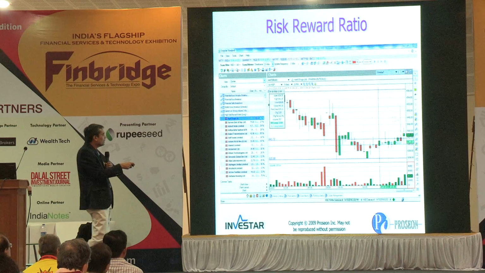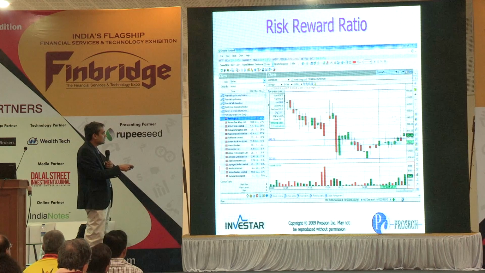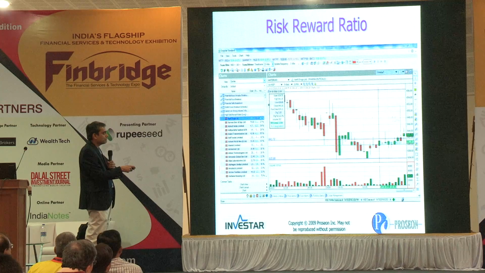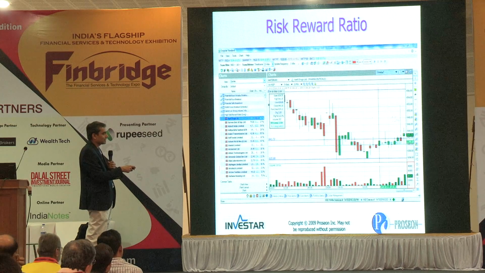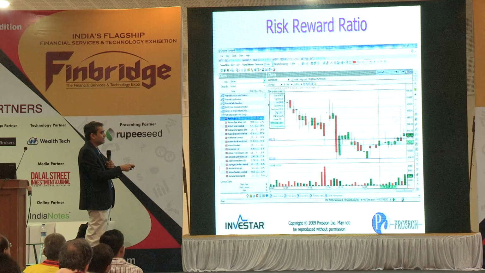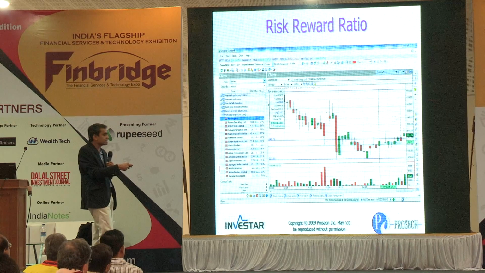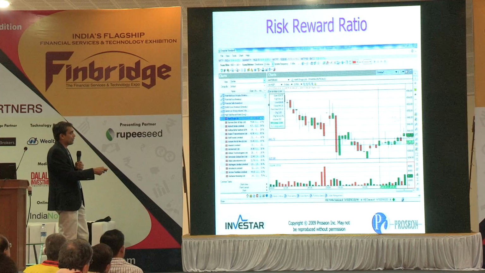Okay. So you can see that, let's say I was buying at the current close. Okay, this is the current close, the green candle. I have drawn a vertical line, whose value is 1.27%, something like that. Now that is my potential profit. Why? Because my nearest resistance is this light blue line. It's not that strong a line, but it's still a line where I can expect the stock to pause, right?